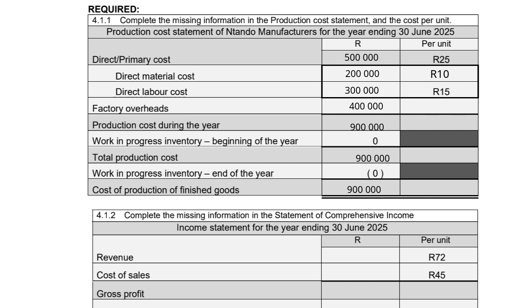Our factory overheads, 400,000 divided by 20,000 units will be 20 Rand per unit. Then our total production cost during the year is 25 plus 20, which is 45 Rand per unit. So total production cost per unit is 45. And your cost of production of finished goods is 45 Rand.